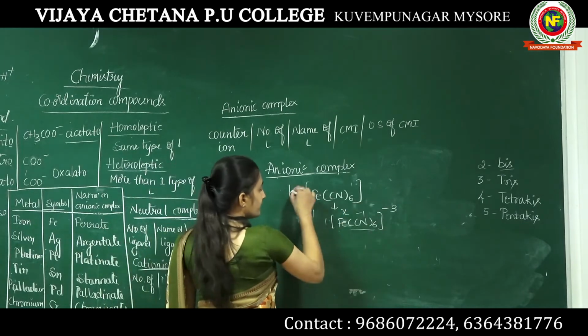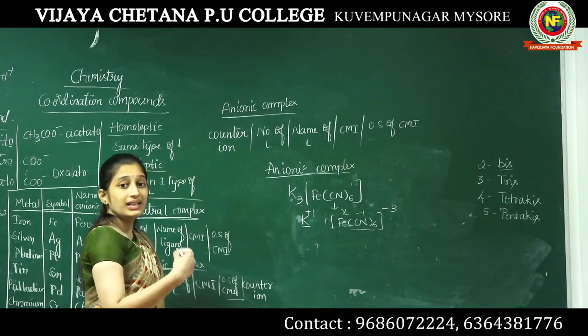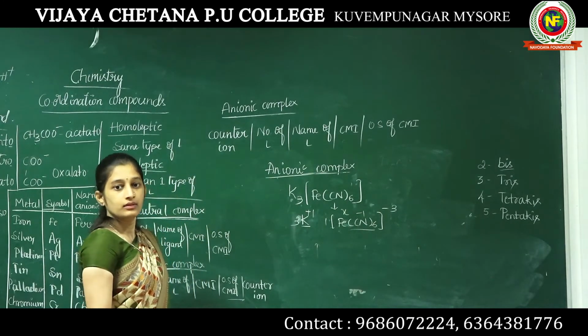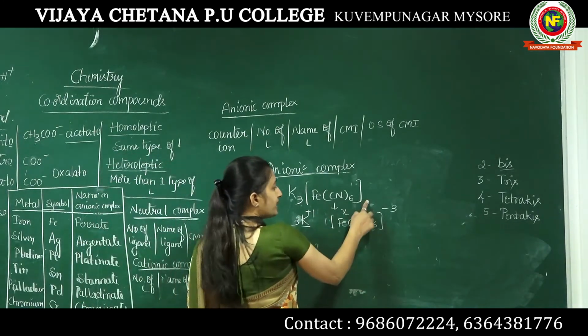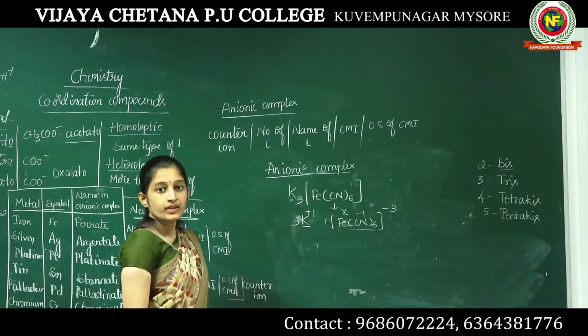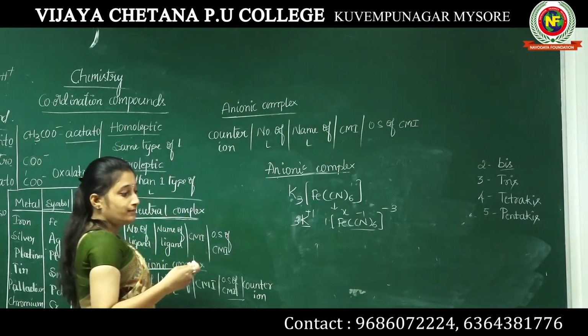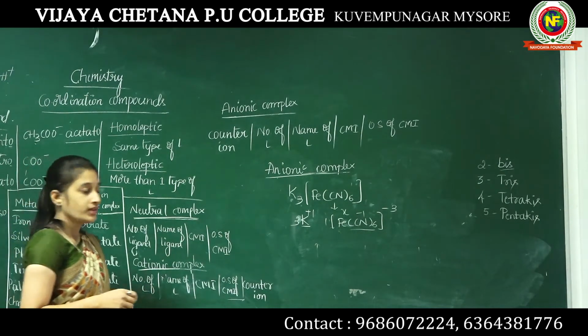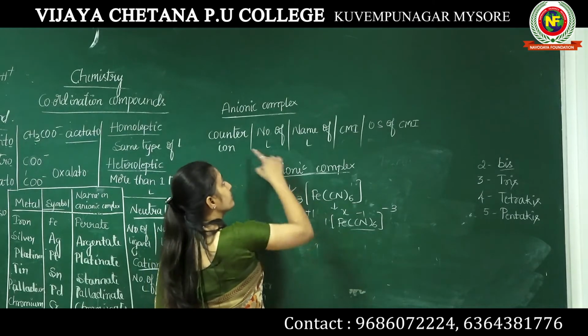Then 1 will come to this side, 3 times potassium, 3K+, and this one is 1 time. So how is the name different from the previous one? It's very simple, the same rule.